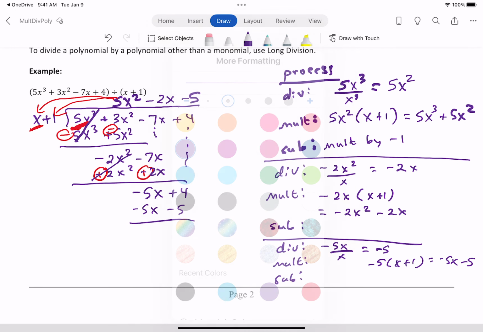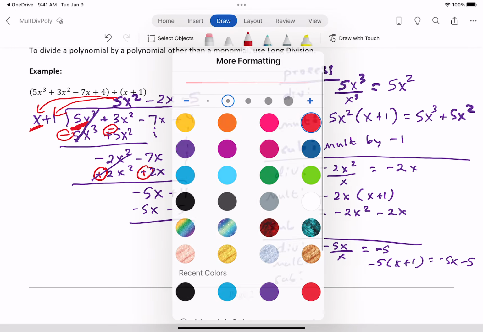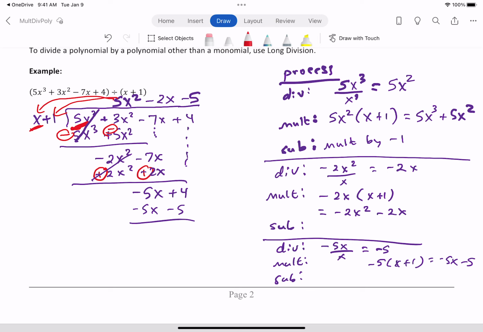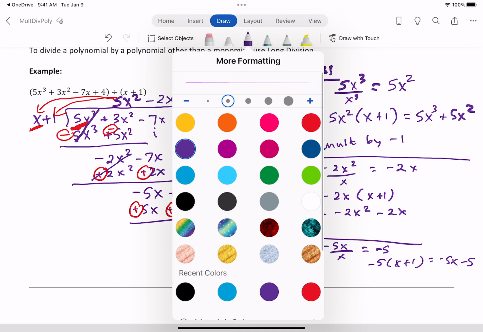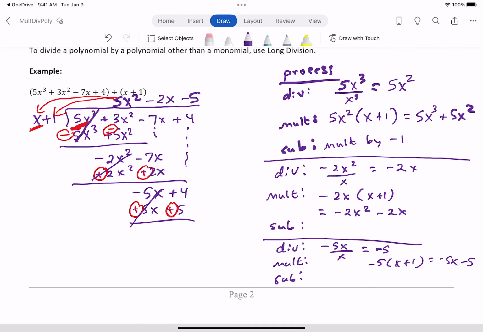And then to subtract, we're just going to change the signs. We have negative 5x, so that becomes positive. Negative 5, that becomes positive. Now these will add to 0. Positive 4 and positive 5 is 9.